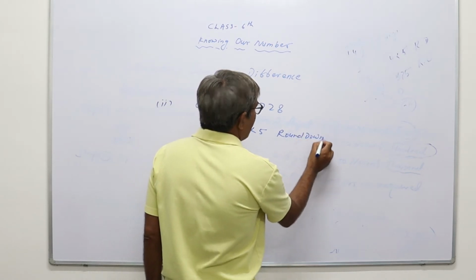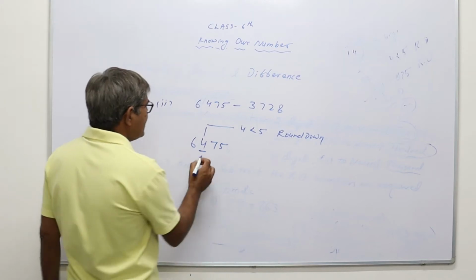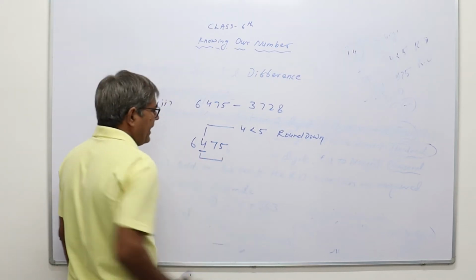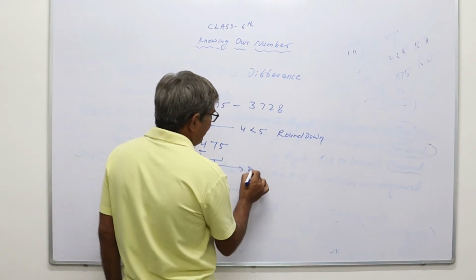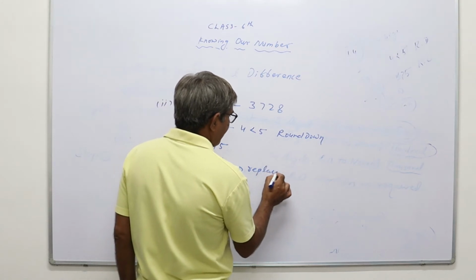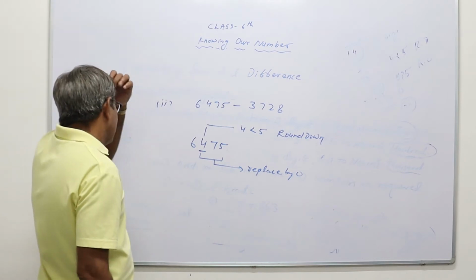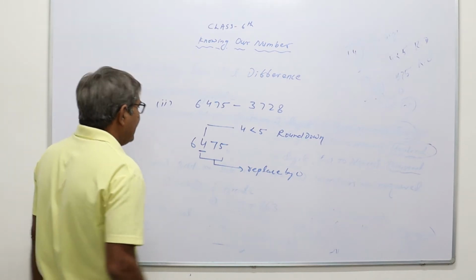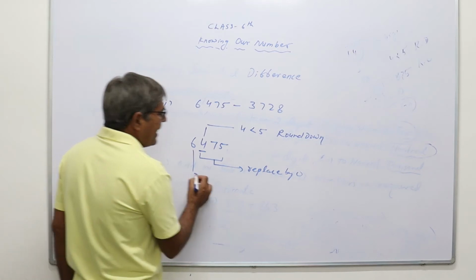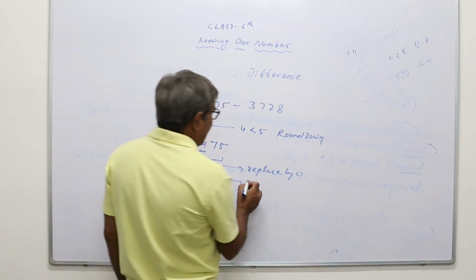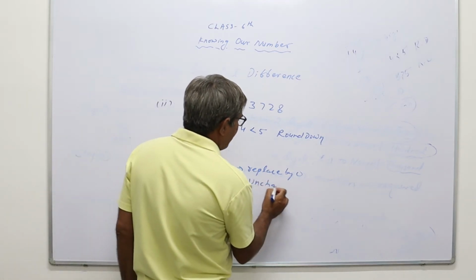Round down. So these 3 digits will be replaced by 0 and the digit at 1000 place will be unchanged.